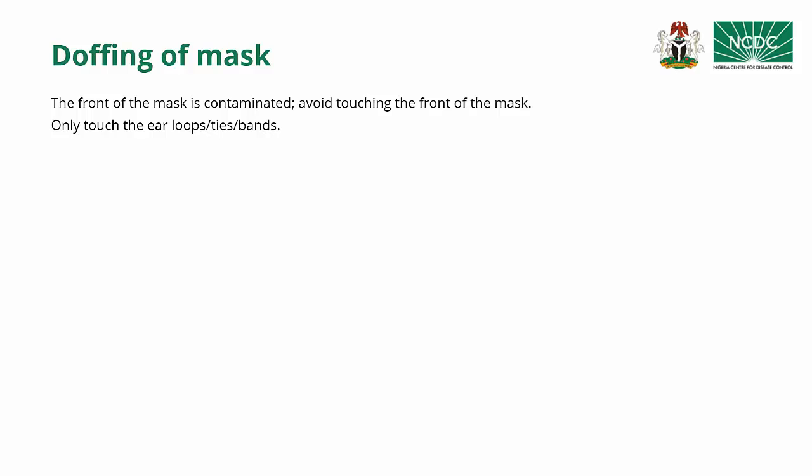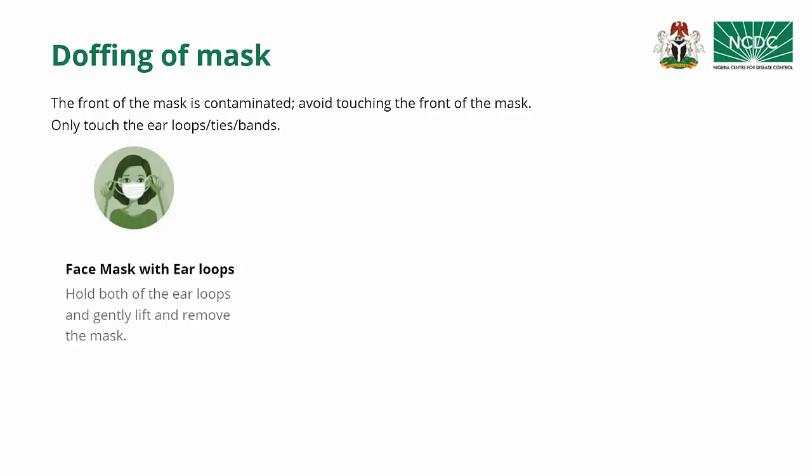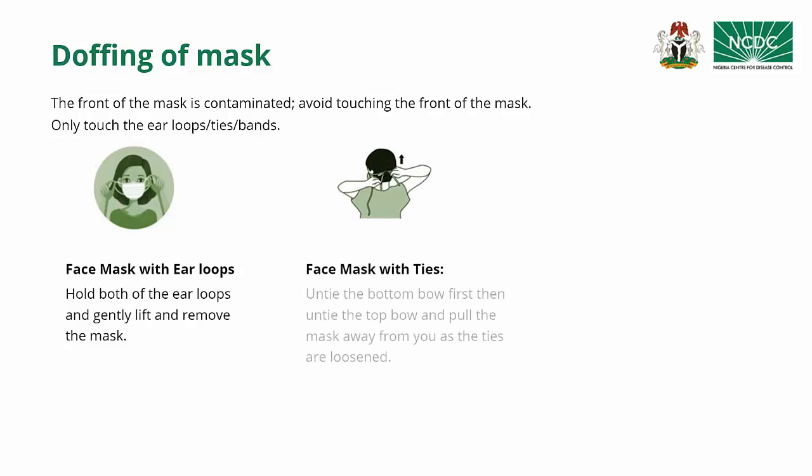To doff a face mask with ear loops, hold both of the ear loops and gently lift and remove the mask. To doff a face mask with ties, untie the bottom bow first, then untie the top bow and pull the mask away from you as the ties are loosened.